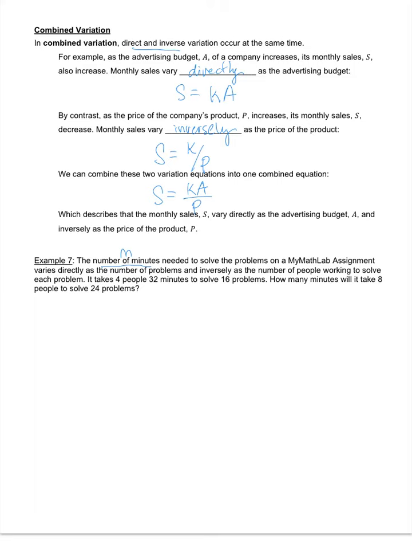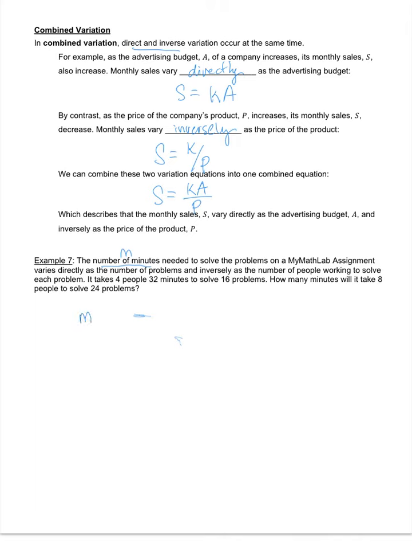So the number of minutes needed to solve the problems on a My Math Lab assignment varies directly as the number of problems and inversely as the number of people working to solve each problem. So how can I write that equation? So let's go ahead and write the equation to represent this problem.